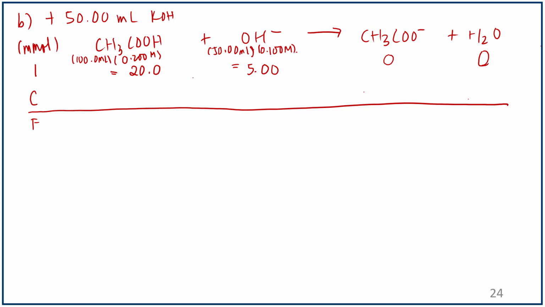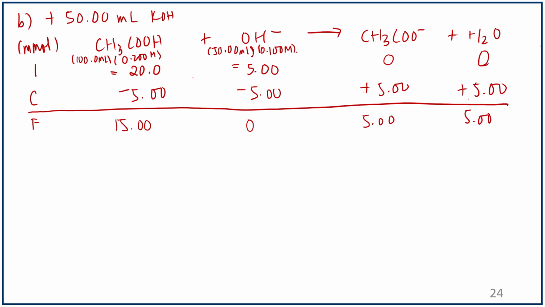The limiting reagent here will be OH-, so it's fully consumed. So we subtract from 5.00. This one should be 5 minus 5.00, and then we produce acetate ions and more water. So that in the end we will have 15 millimoles of acetic acid left. We have none of the hydroxide ions, and then we have 5 millimoles of acetate ions.